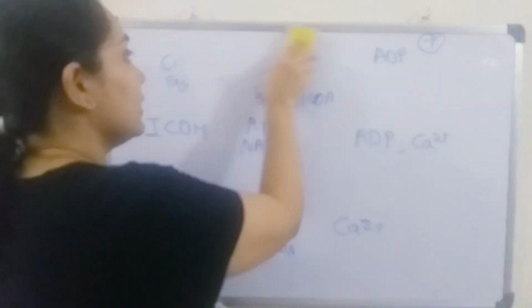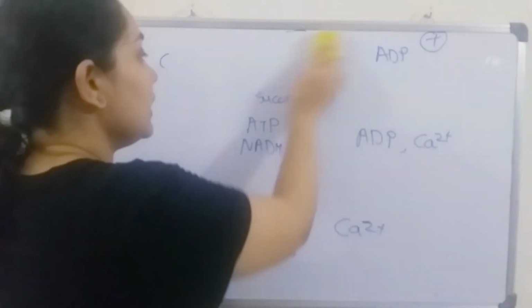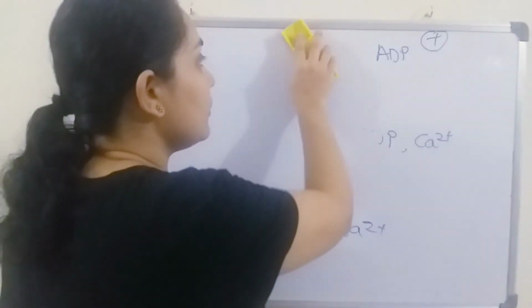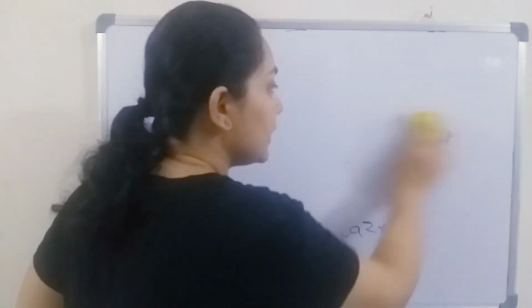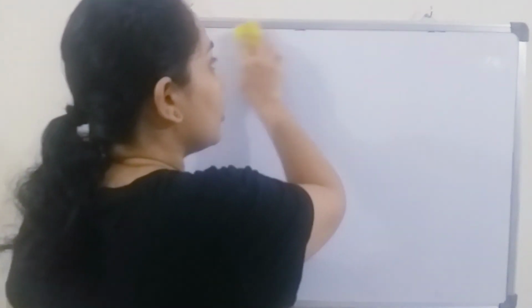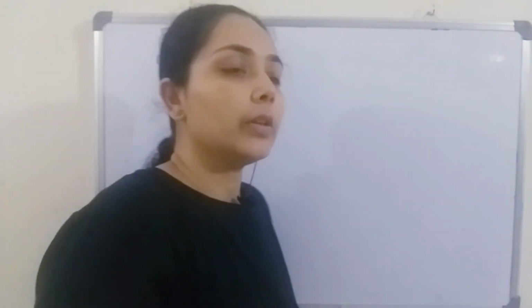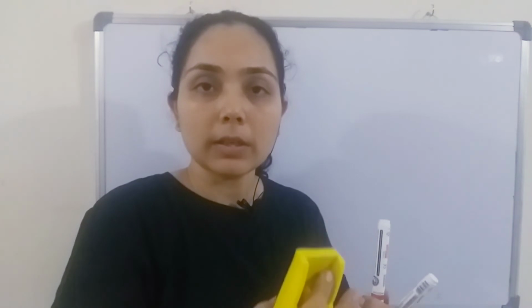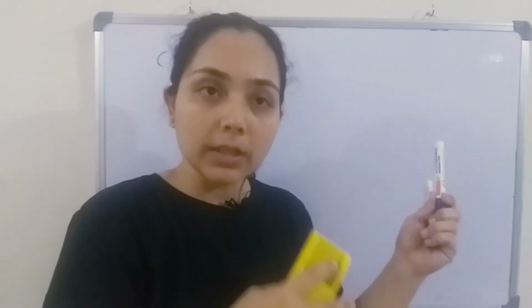Now next we will see the inhibitors of the Krebs cycle. Those who are in the research field, who are doing research or want to control enzyme activity or control the cellular process, these are the points where regulation and inhibition take place.